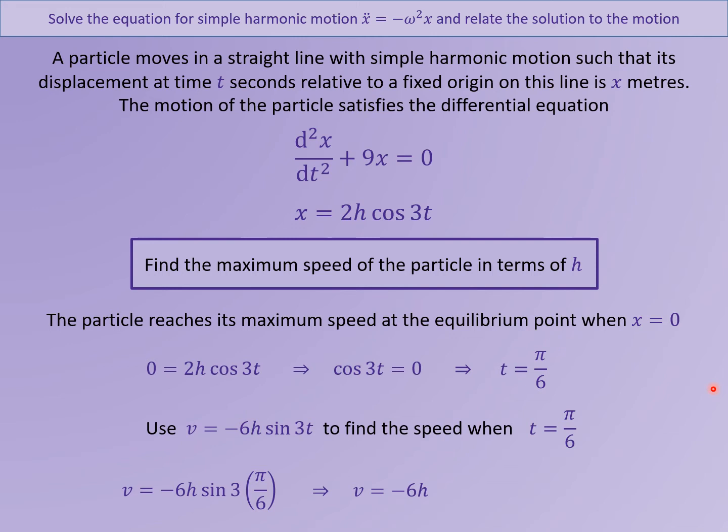But of course, that's a velocity. I want a speed. So its speed is going to be, ignore the minus, square it all, and square root, gets me a speed of 6h meters per second. That's the fastest speed, depending on, as we said before, whatever the maximum height is. Okay, so again, pause before we look for the next question.